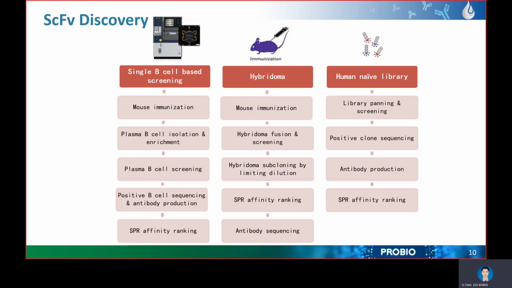Alternatively, hybridoma strategy takes the splenocytes from immunized animals to generate hybridoma cell line to facilitate the screening, subcloning, validation, and the sequencing. Lastly, human naive library takes a totally different way by phage display panning, screening, and sequencing, plus affinity validation.